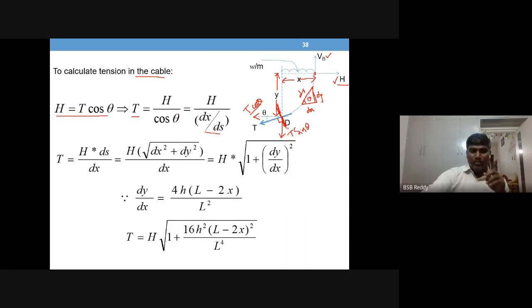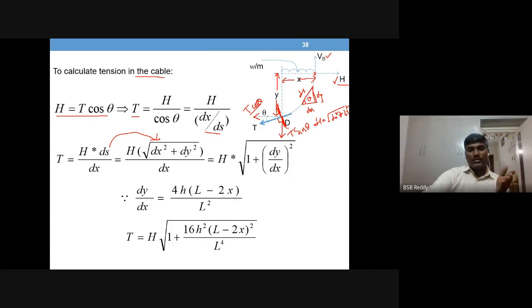Okay. So what is ds again? ds goes to numerator, right? What is ds? ds is equal to square root of dx square plus dy square. Okay. Right, that is substituted in terms of ds. So now take dx outside. So dx square comes out.